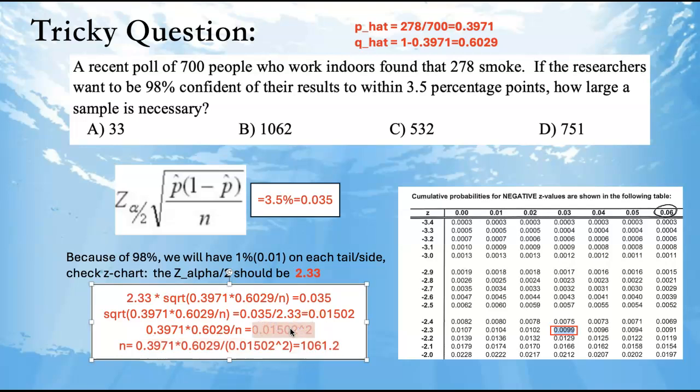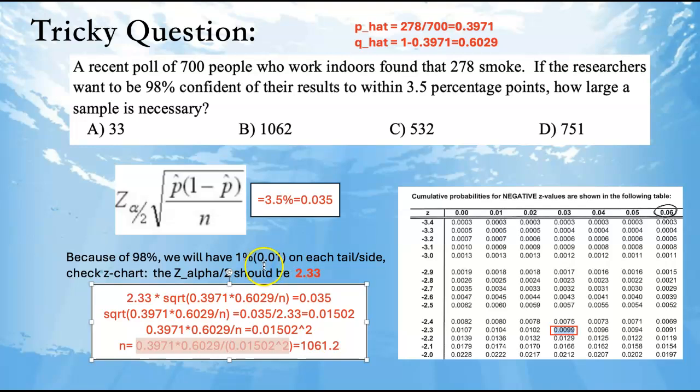Why? Because you have to consider how many decimals to keep. Usually you don't have to consider that. You just plug everything in if possible, then you will get an answer very close: 1061.2 samples. That's many people, right?